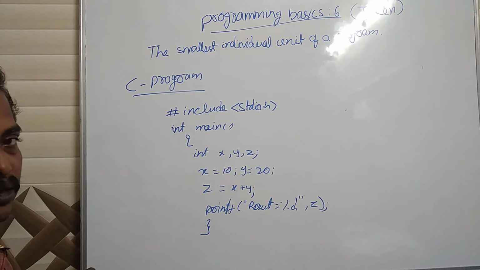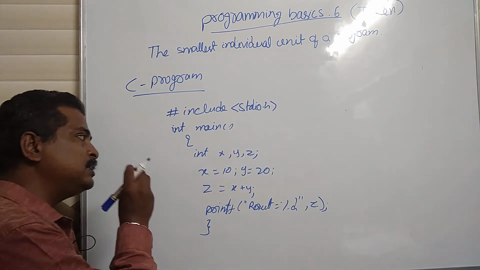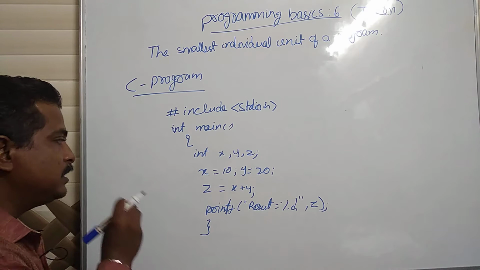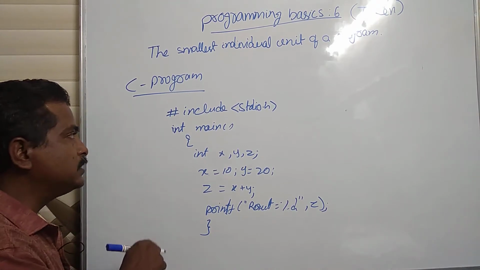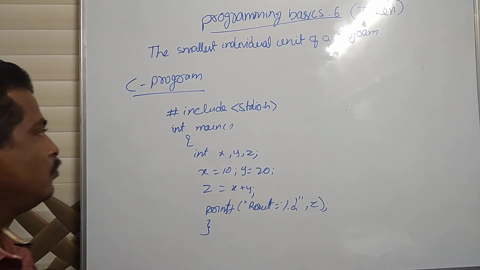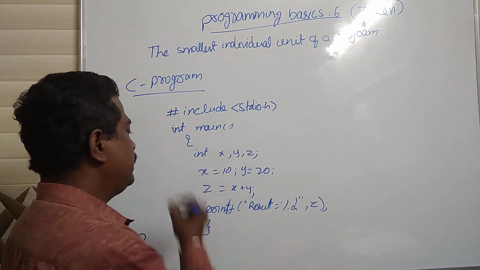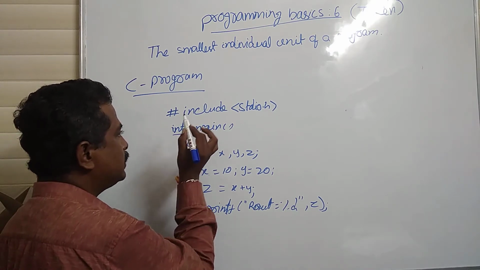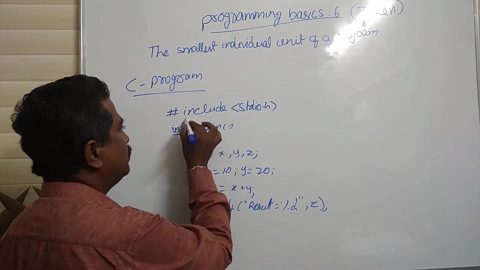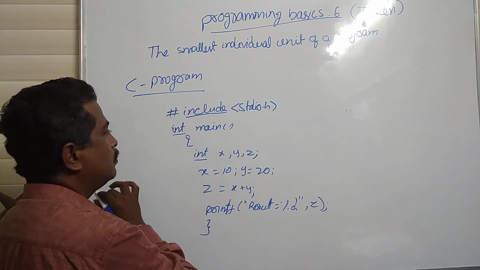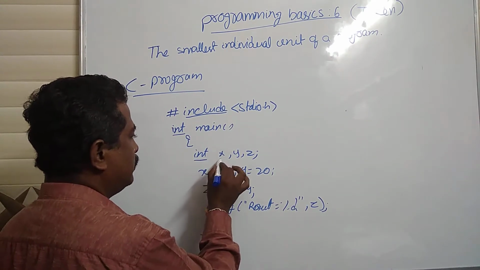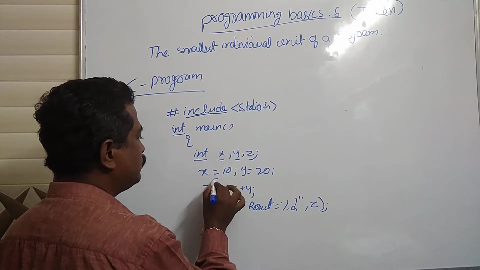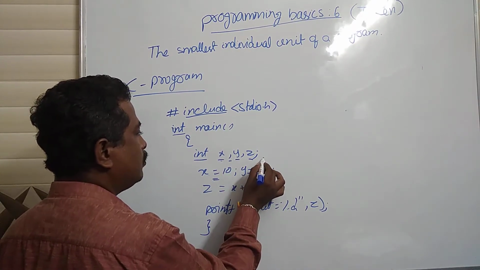So how to find out the tokens in this program? As I told you, a token is the smallest individual unit of the program. Whatever smallest individual units are there which have some meaning, that is known as a token. Let us see what the tokens are. First of all, include, x, y, z, is equal to, comma, semicolon.